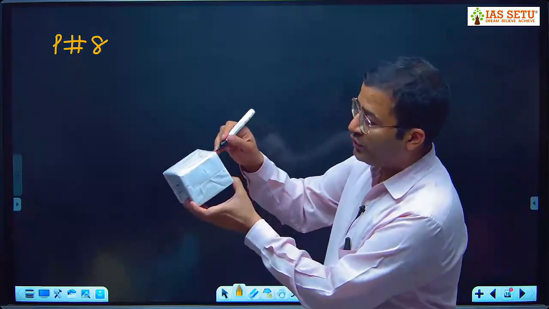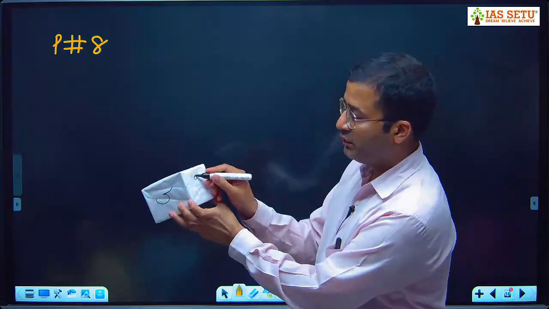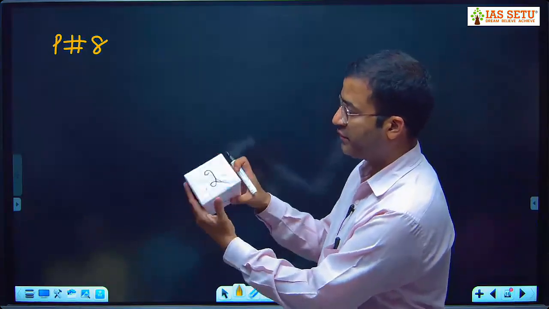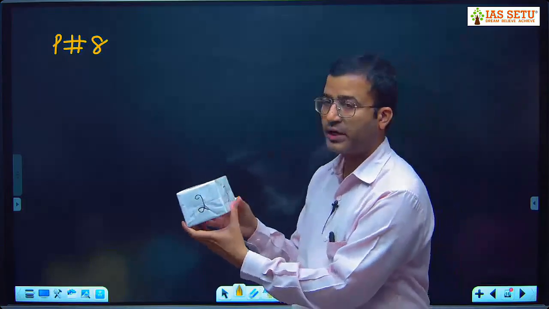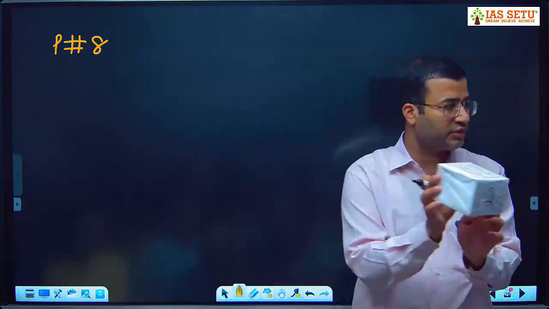You focus on this corner. This is face number 1, this is face number 2, this is face number 3. Okay? This is the corner: face number 1, face number 2, face number 3.